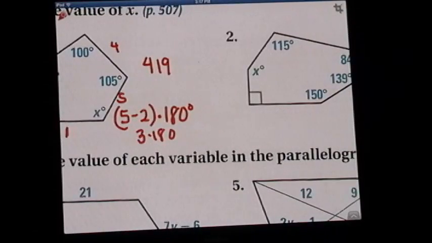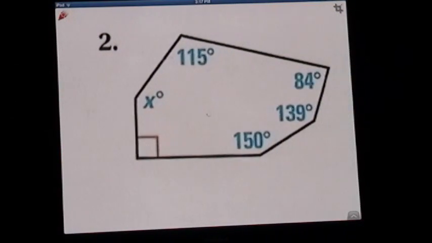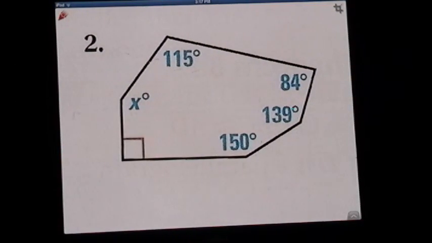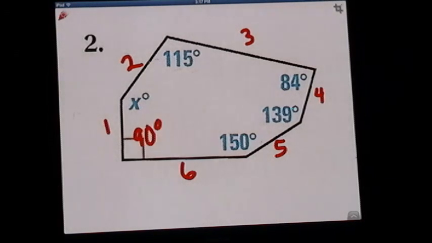Okay, the next one, same situation. 1, 2, 3, 4, 5, 6. Using the same formula, this time I have to remember that that's a 90-degree angle.